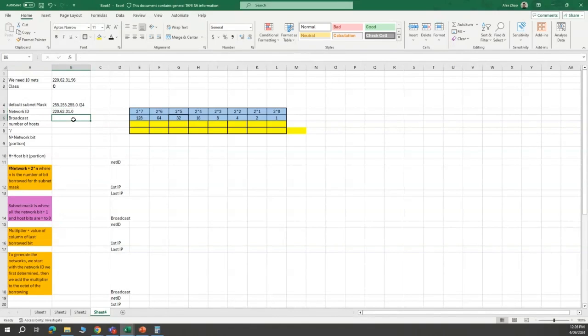And if it's a class C with that default subnet mask, our broadcast is going to be 220.62.31.255. And the number of hosts for class C is always 254. And the slash notation is /24.